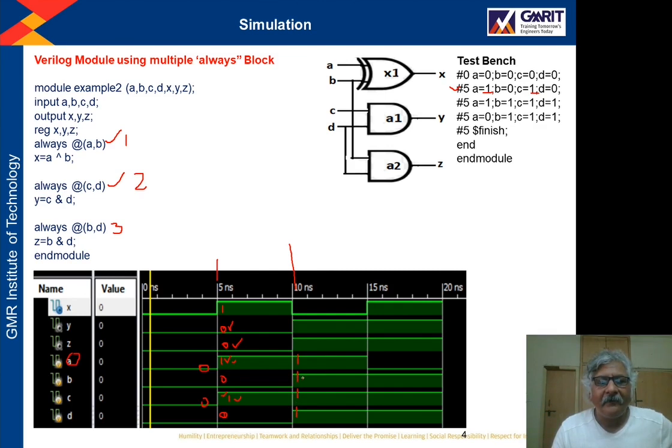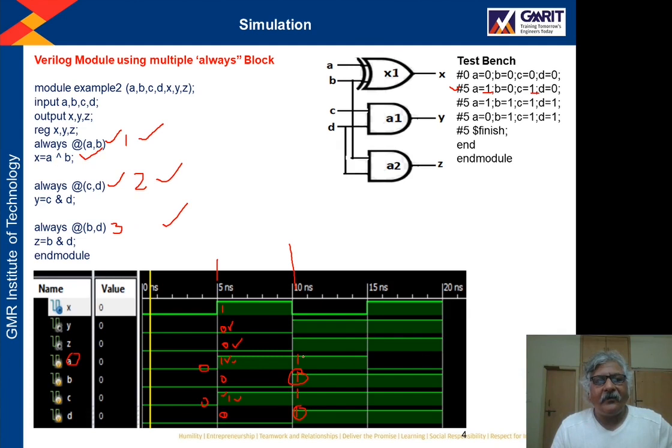So now the event occurred on B and D. Due to this, always block number 1, always block number 2, and always block number 3 are all executed, because B is in the sensitivity list of the first always block, D is in the sensitivity list of the second always block, and B and D both are in the sensitivity list of the third always block. So all the statements are executed.